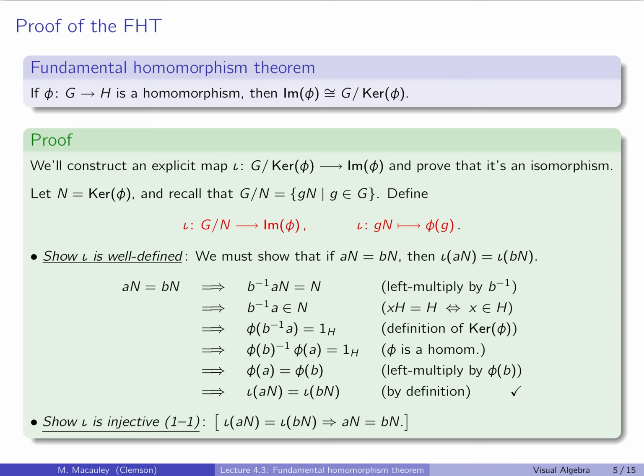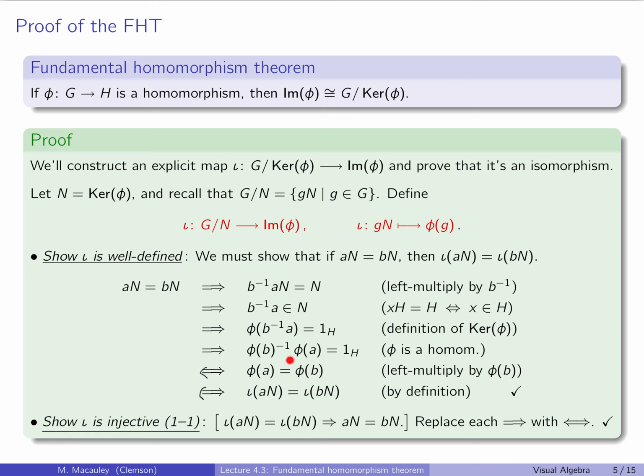Well, notice that this first condition here is the last condition of being well-defined. And also, every single one of these arrows can be reversed. And that's all we need to do. So for example, let's just practice. If we start with this condition, iota of aN equals iota of bN, well then by definition of iota, that means that phi of a equals phi of b. And we can move this over to the left-hand side and write phi of b inverse, phi of a equals the identity.